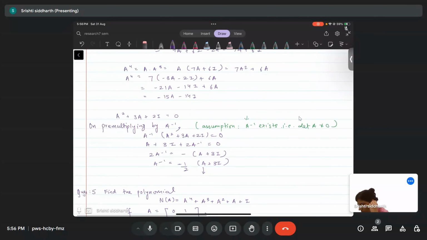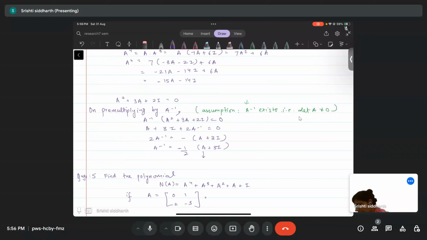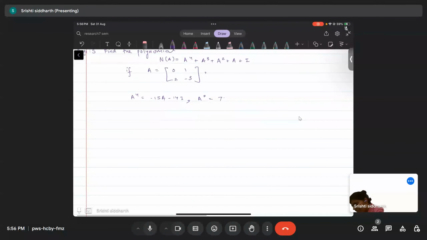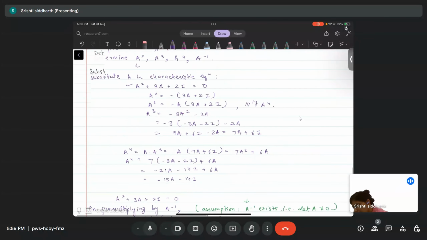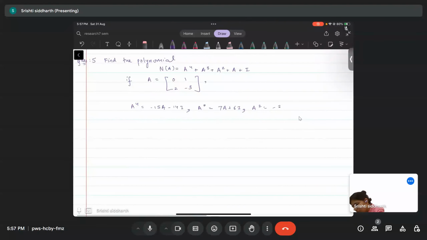A to the power 4 was minus 15A minus 14I, and then A cube was 7A plus 6I, and A square was, from the characteristic equation, minus of 3A minus 2I. So given this matrix A, you can find out what A4, A cubed and A square are, and then substitute them back in this polynomial.